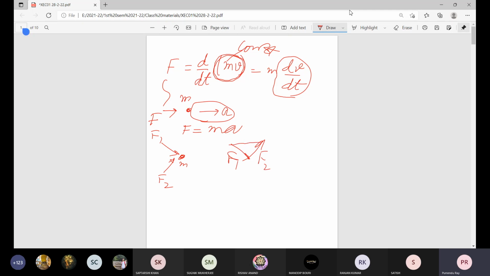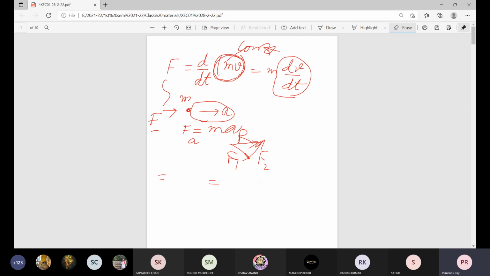So this is the direction of the resultant R, and along that direction, the particle will move with acceleration a. Again, the resultant force is mass multiplied by acceleration. Okay, these things are known.